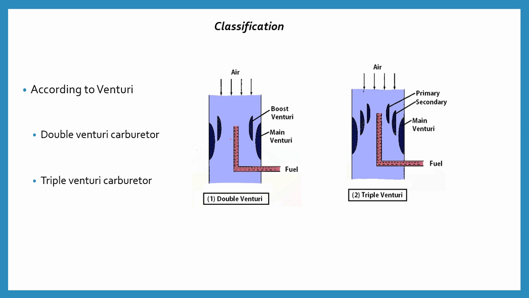And then an annular blanket of air is formed, which helps to give excellent low speed to full throttle operation. So these are the two types of carburetor according to the venturi.